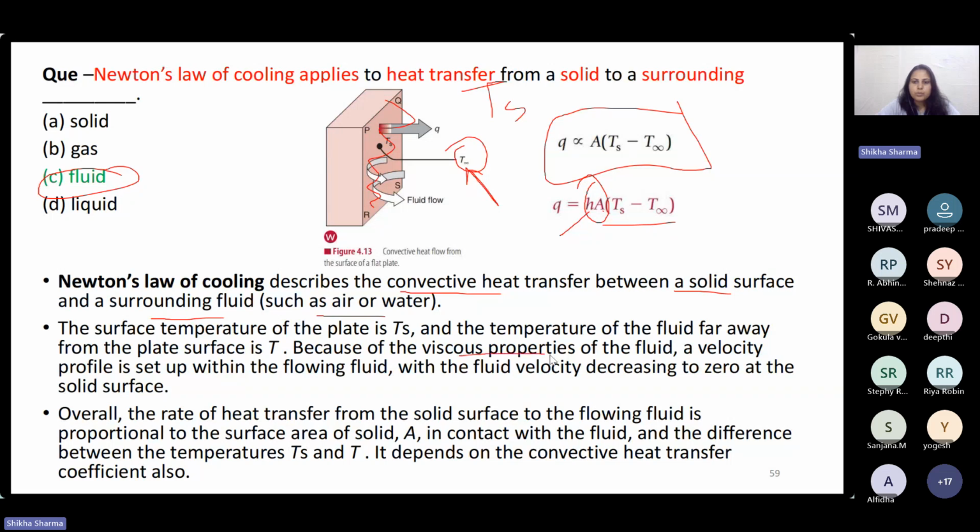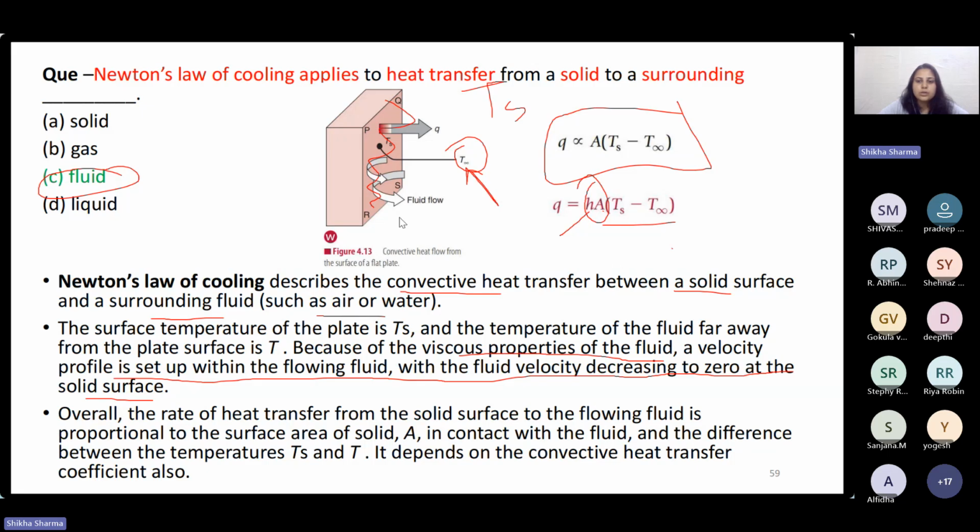Because of the viscous property of fluids, a velocity profile is set up within the flowing fluid, with the fluid velocity decreasing to zero at the solid surface. Since the fluids have this viscous property, the velocity profile is not the same everywhere.